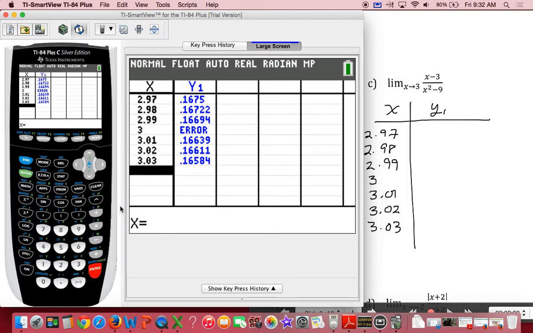All right, then we'll record those. This one's a little different, and it's a little harder to read the limit by the table.